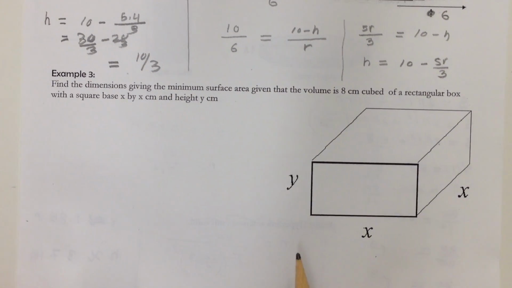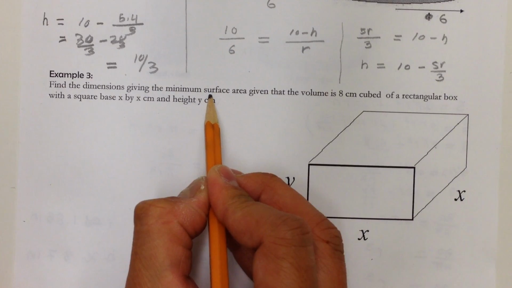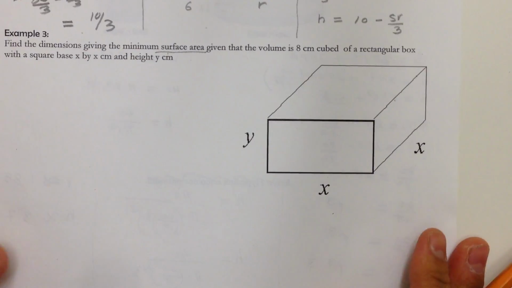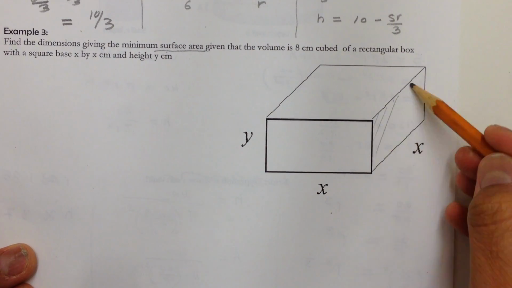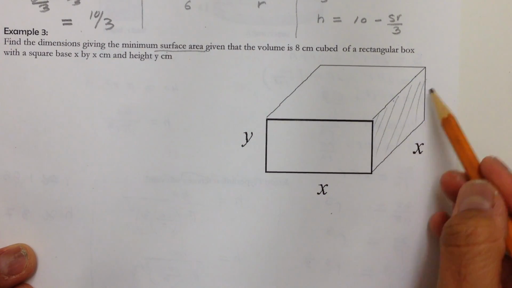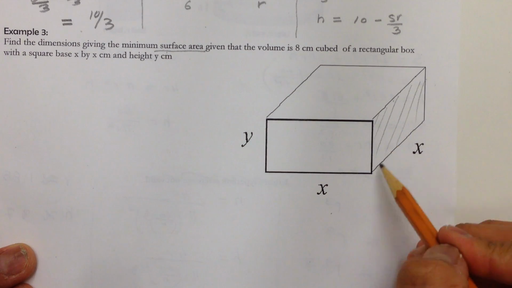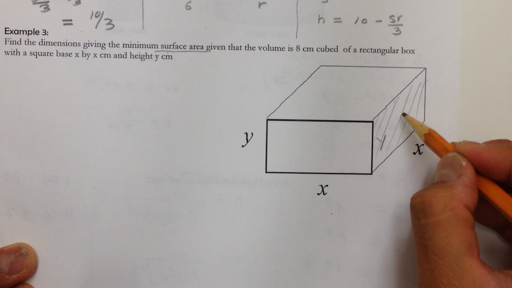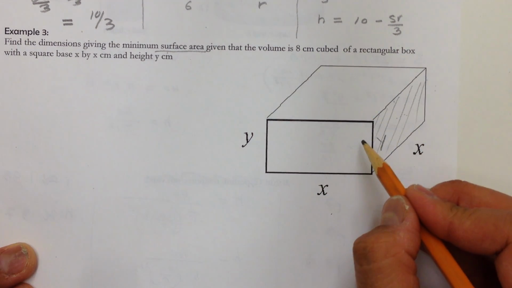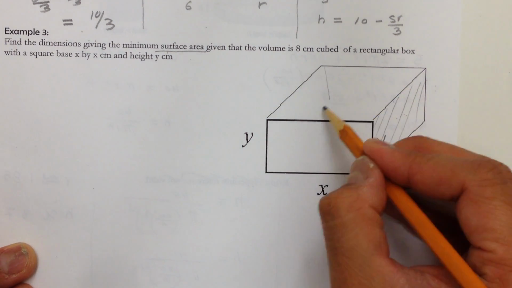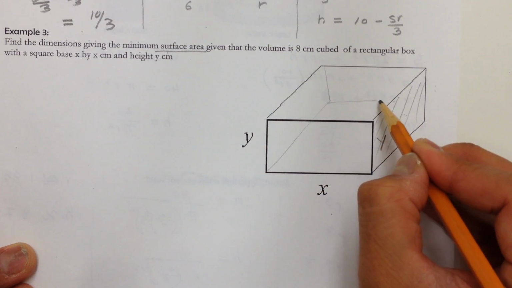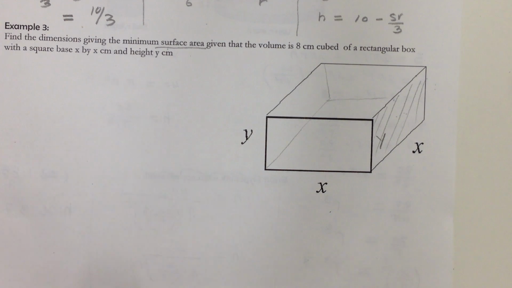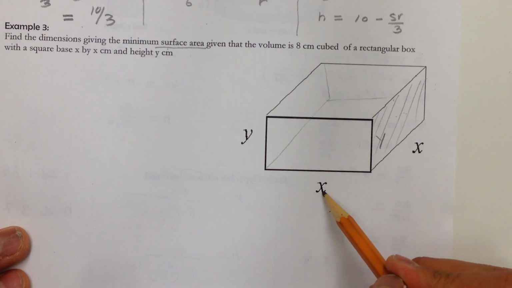All right. So we start off with what we want to minimize. In this case, we're going to minimize surface area. So let's develop a formula for the surface area. Notice that the box has 4 sides. Each side has an area of y times x, and there's 4 of them. And then you have the top and the bottom, which are both x by x.